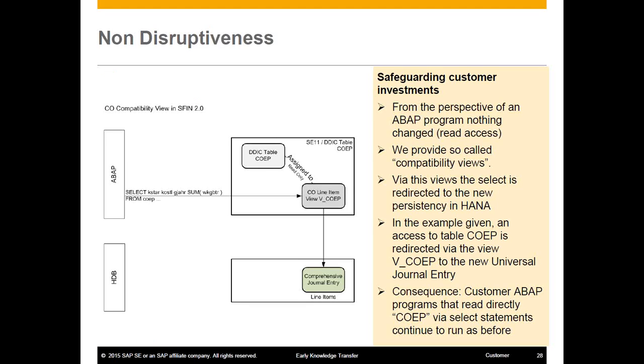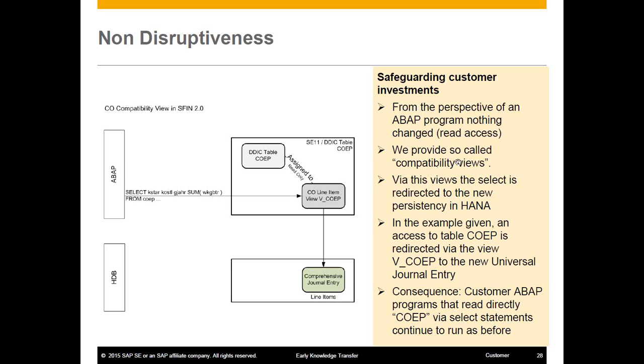So, right now we are in Simple Finance 2.0. Okay, so the version right now is 2.0, so they moved from 1. There is a CO compatibility view, basically. It means you can look at all your older CO tables, safeguarding customer investments from the ABAP perspective.